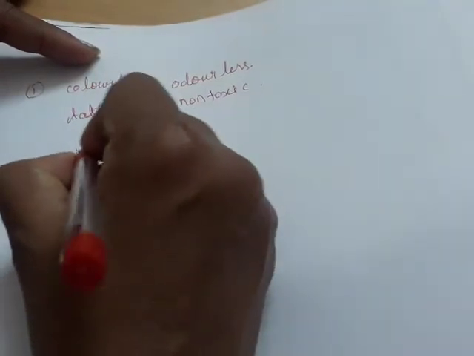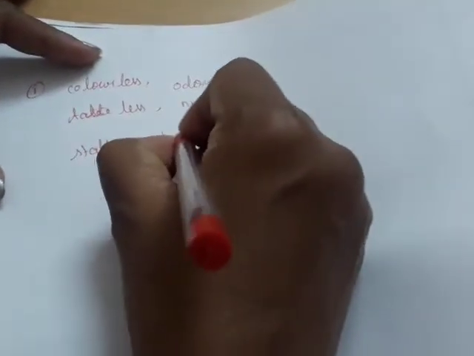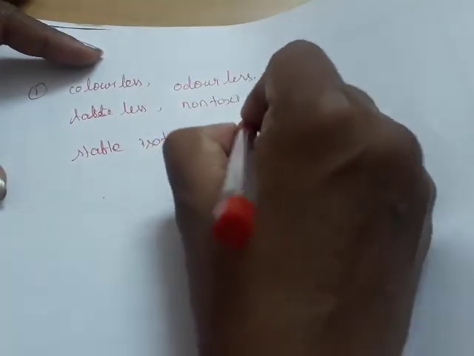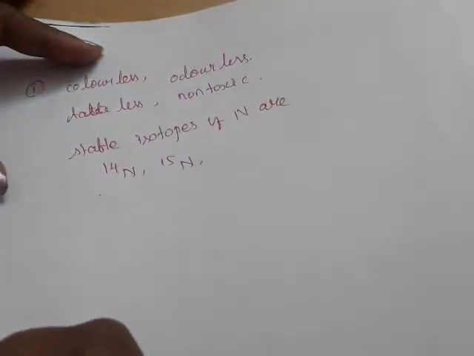Next, the stable isotopes of nitrogen are 14N and 15N.